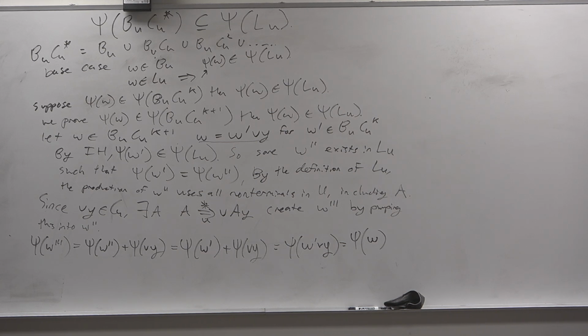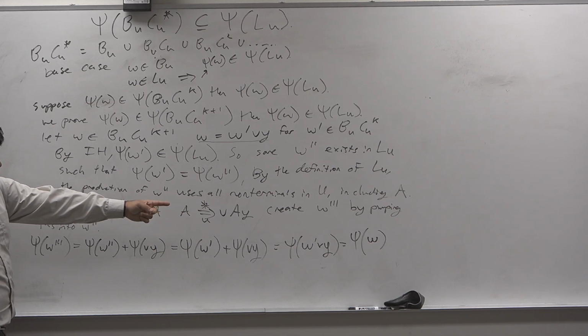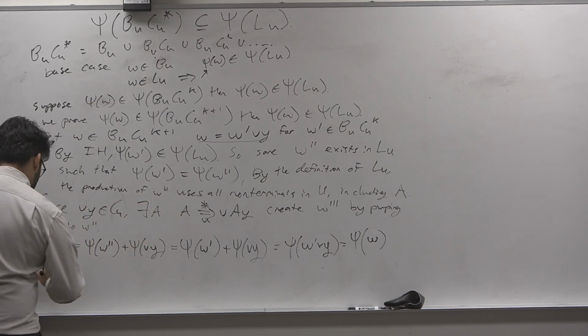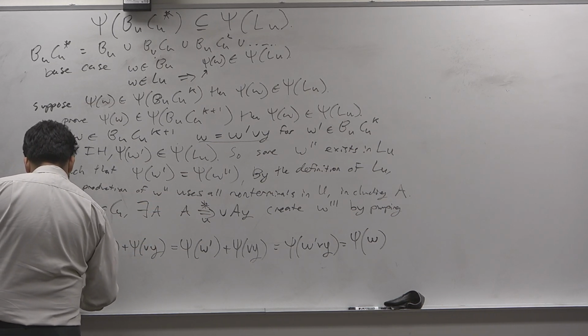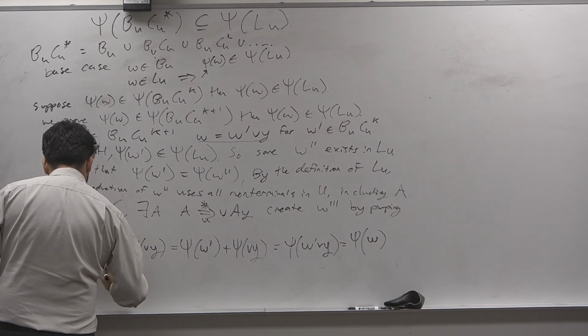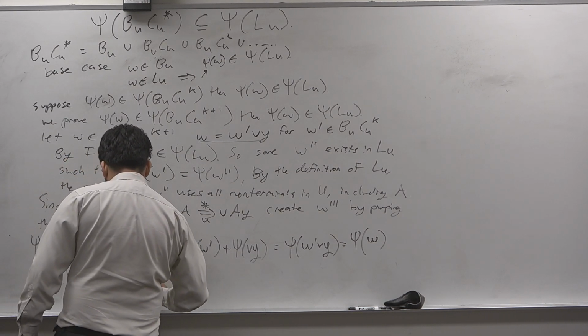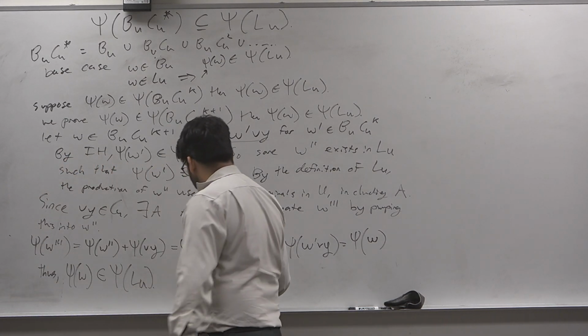Well, we know that by our induction hypothesis, W prime prime prime must be in LU, right? The frequency of it. And if we know that W prime prime prime is equal to WU, then QED.